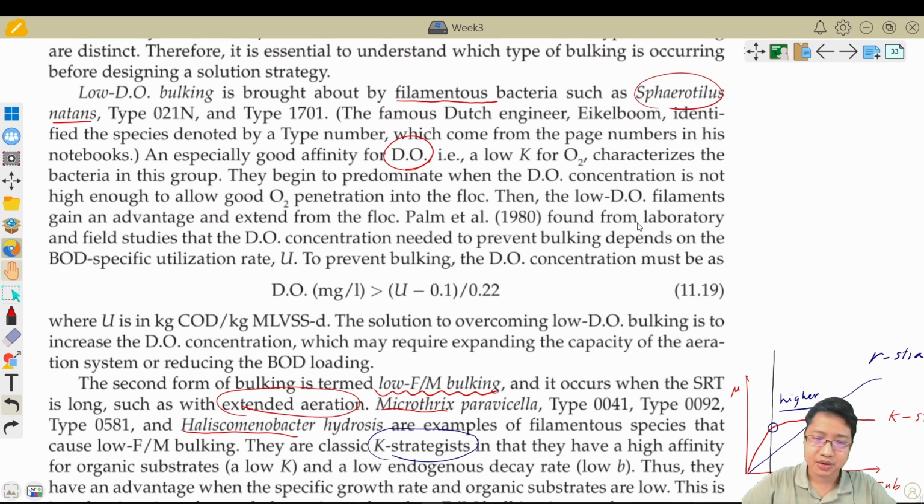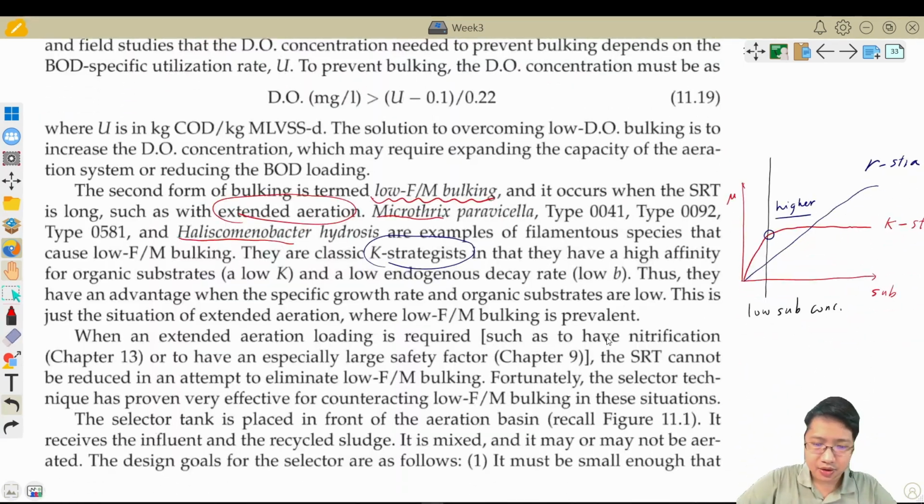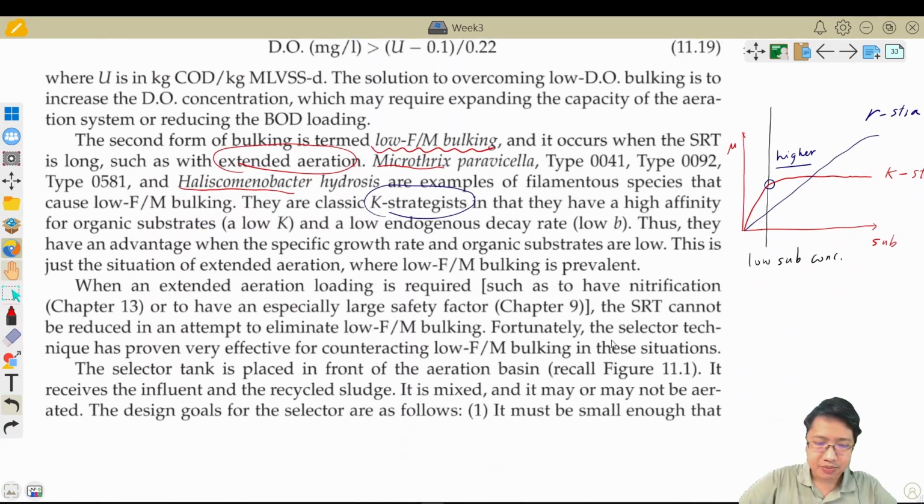It's just providing a good dissolved oxygen concentration in your system. To prevent low F/M bulking, sometimes we use a selector tank. It is placed in front of the aeration tank, so it will receive the influent and also the recycled sludge from the settling tank.